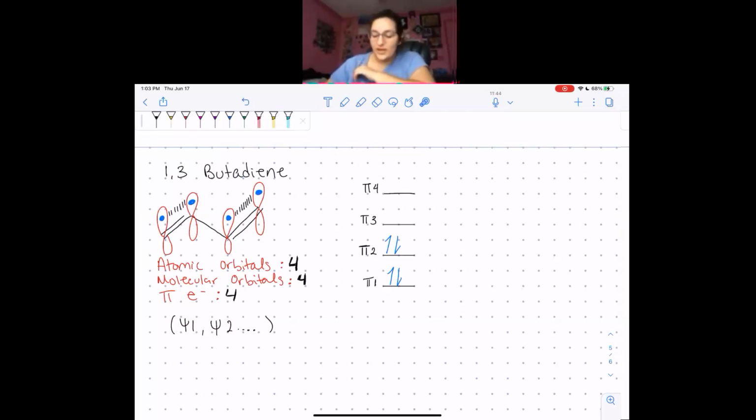Okay, cool. So now that we have put the electrons in their place, we are going to talk about bonding versus anti-bonding orbitals. There's 2 ways you can explain this, and I'm more of a fan of the simple way, but I will tell you both ways.